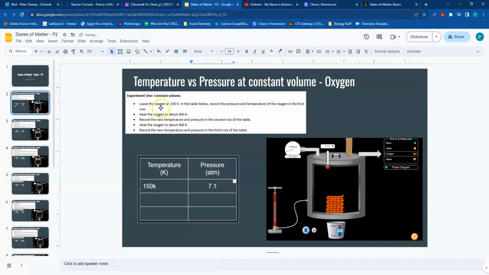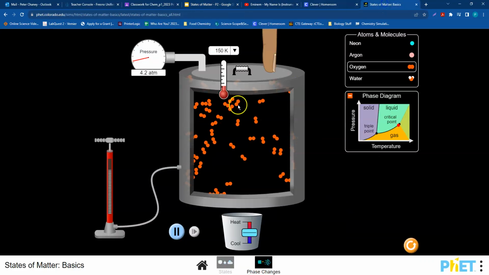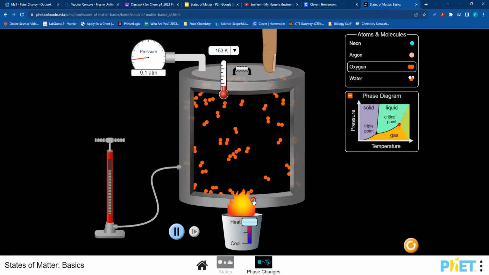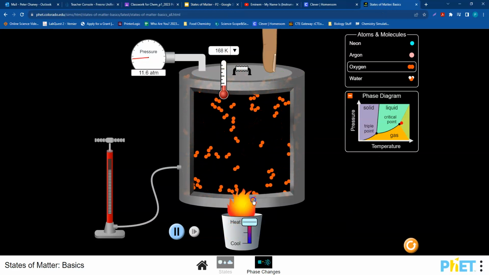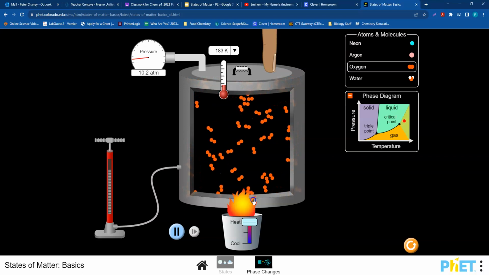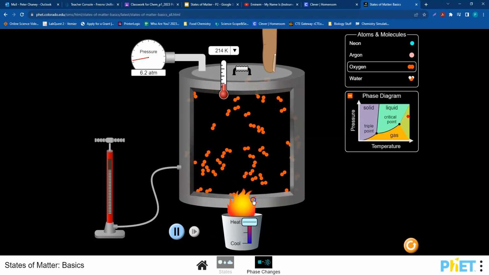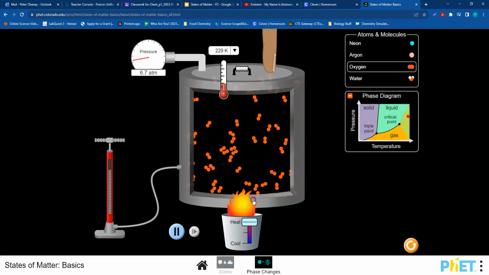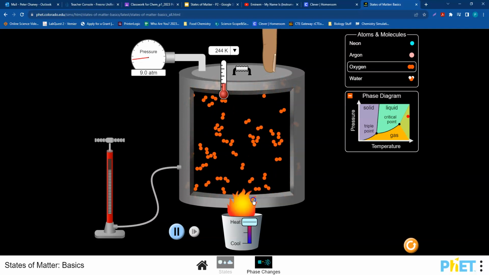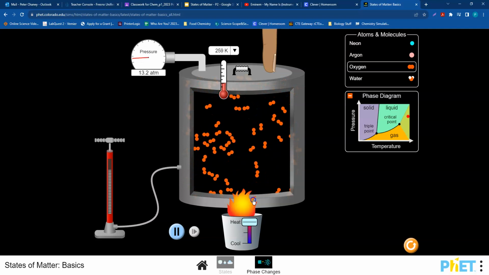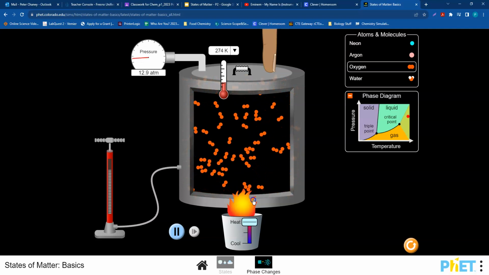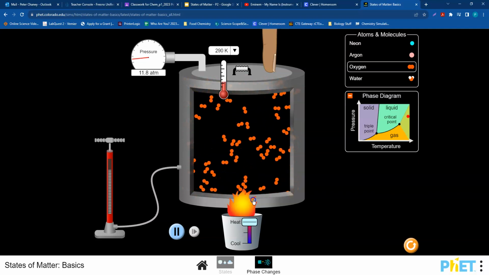So right now, on experiment 1 it says heat the oxygen to 450 K, so we're going to do that. So we'll apply heat again. We're going to get that up to 450 K. And we're going to see a marked difference between what the molecules are doing in there at 450 K versus 150 K. The pressure is going to be much higher as well.